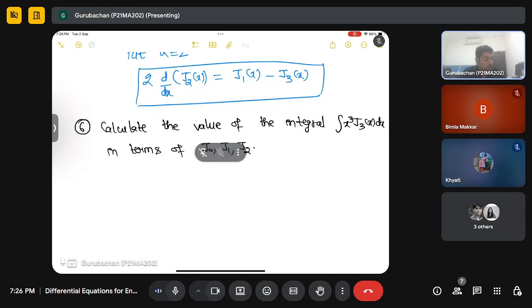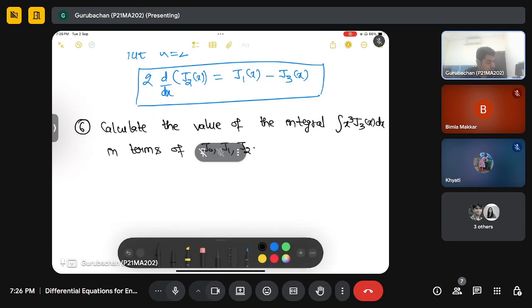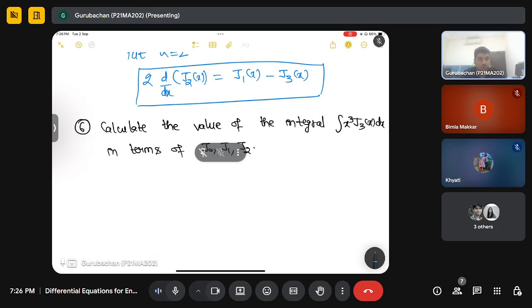So here we want to calculate the value of the integral of x cube J3 in terms of J0, J1, J2. If you observe, here the index is decreasing. We want to calculate with a recurring decreasing index.